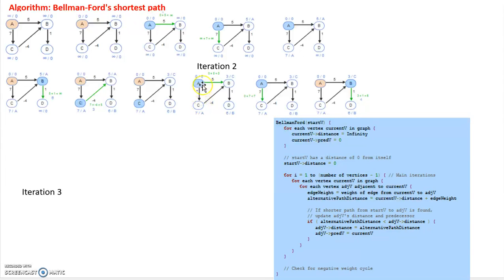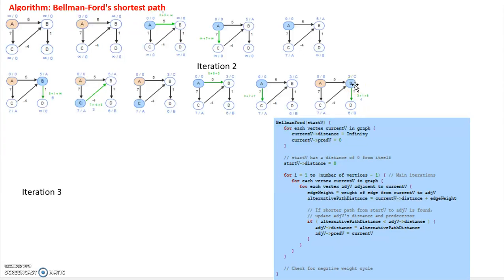The next adjacent node to A is C. Are we updating the distance of C? For now it will be 0 plus 7, still 7, no updates there. So basically, the same thing will stay.